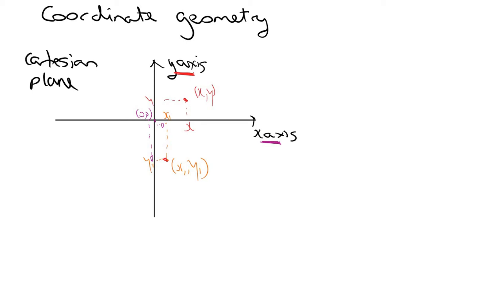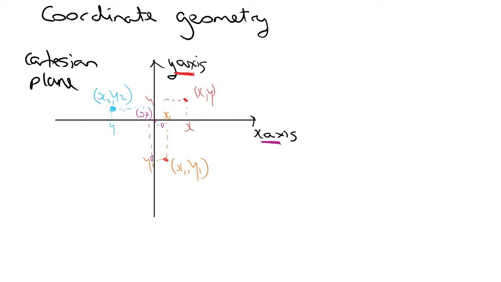For example, if I picked another point here, this would then have a certain value here. That would be its x value, call it x2, and then it would have a certain y value here, call that y2, and now I would have created 3 points.